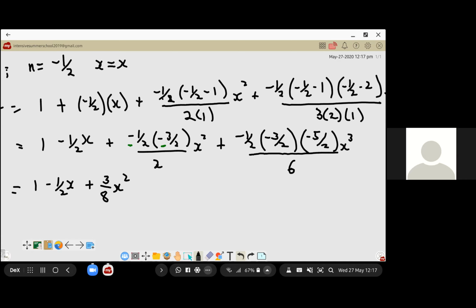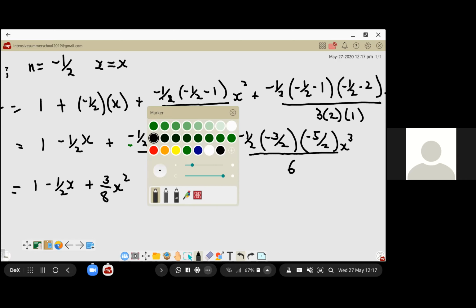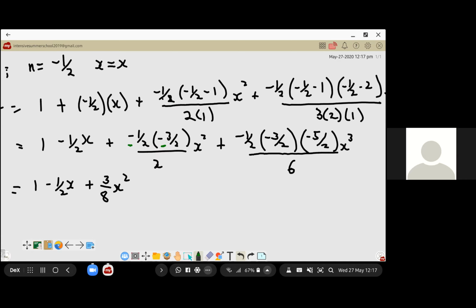Then we'll check our sign again. Negative times negative will give us what? Positive. Positive times negative will give us what? Negative. Okay, so we are expecting a negative sign. You can decide to forget about the signs now and multiply.